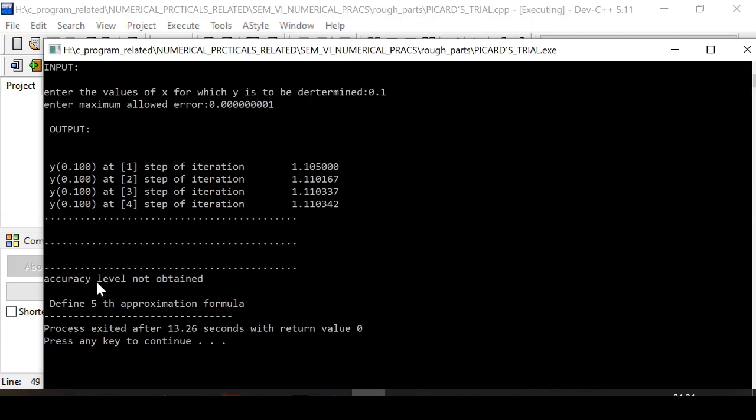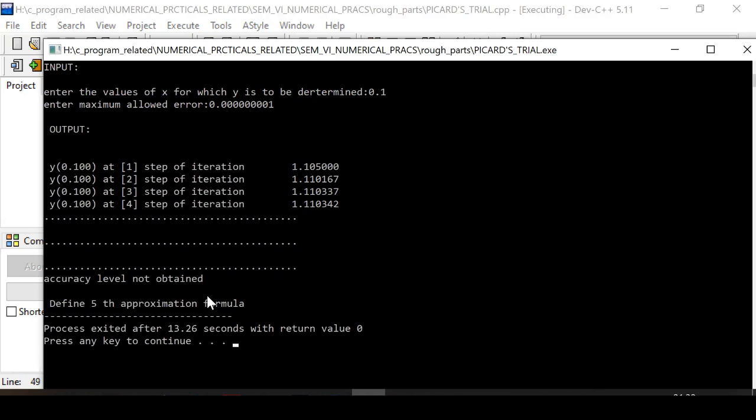It says accuracy level not obtained, because I have given a minimum of 6 or 7 decimal places, so it is not maintained here. As you can see, it is accurate up to 4 decimal places, or up to rounding you can incorporate up to 5 decimal places, but after 6 decimal places the error is more than the allowed error, so accuracy is not reached.